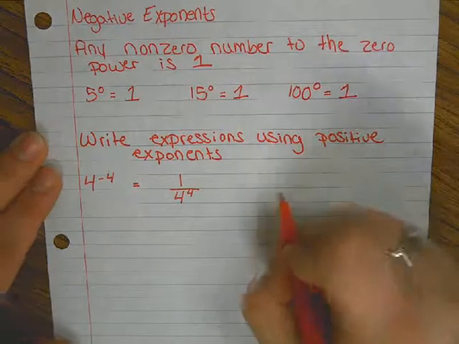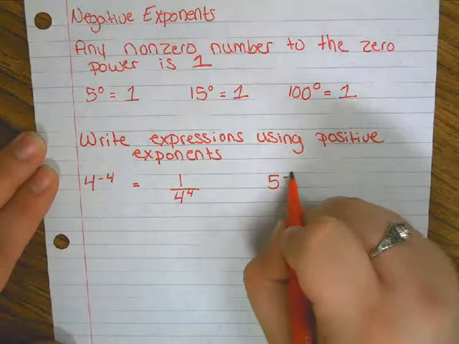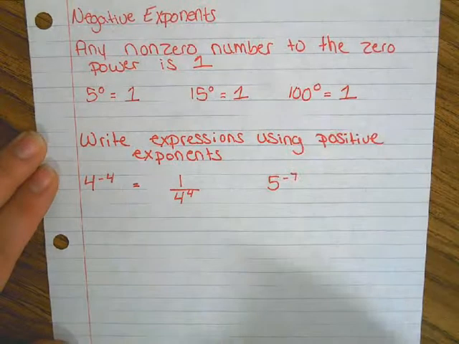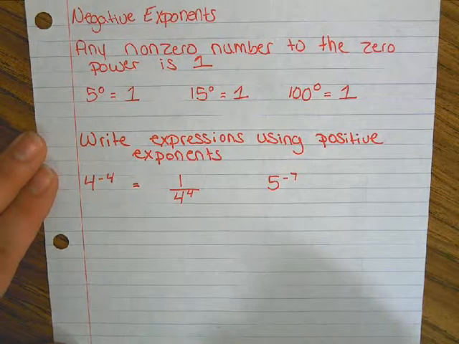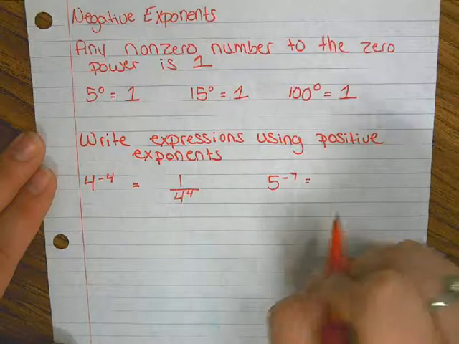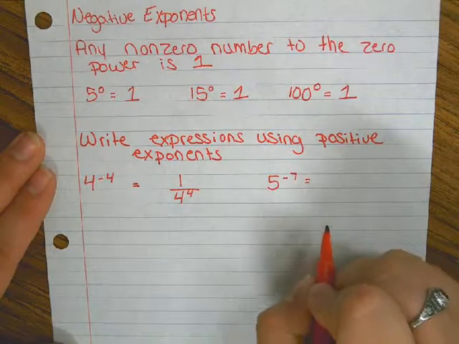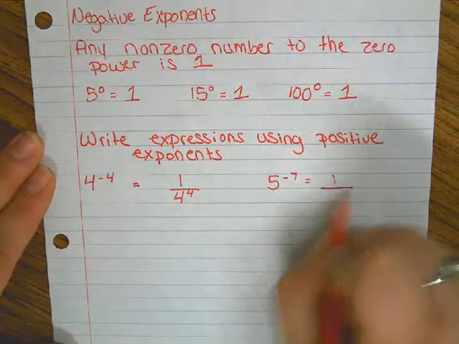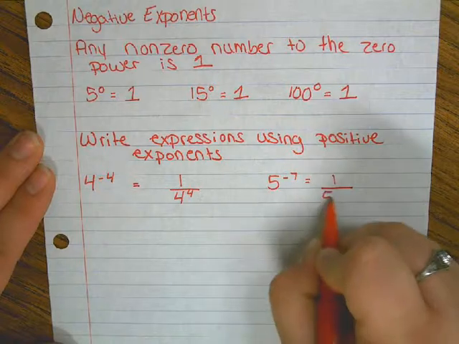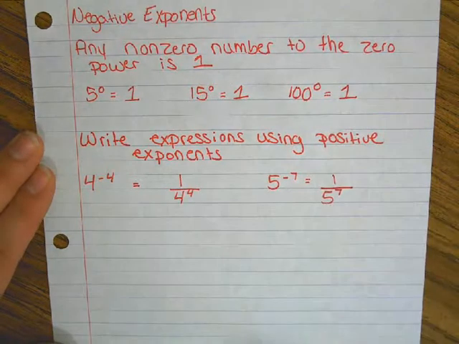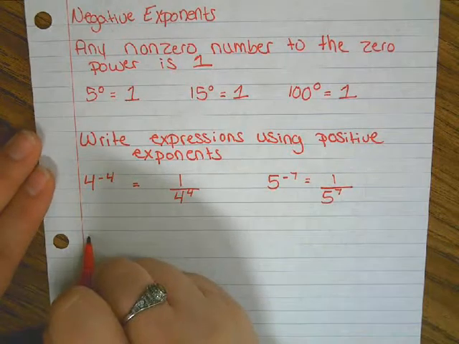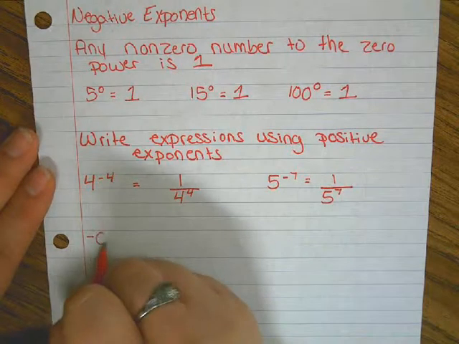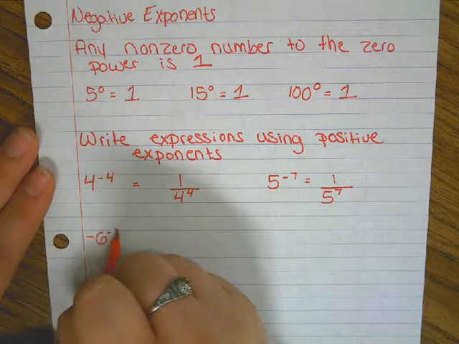So what about if I have 5 to the negative 7th power? How am I going to write that using positive exponents? What has to go on top? 1. What's going to go on the bottom? 5 to the 7th. What about if I have a negative 6 to the negative 3rd power?